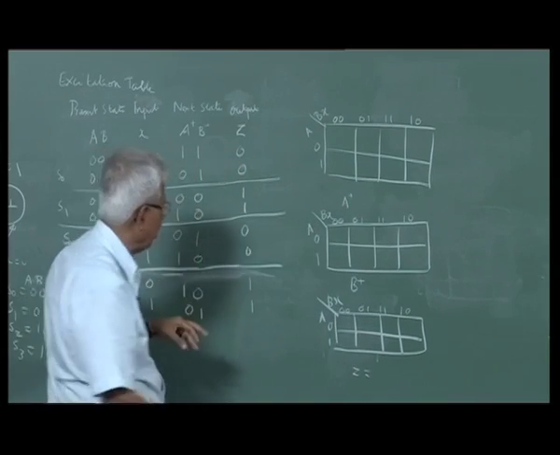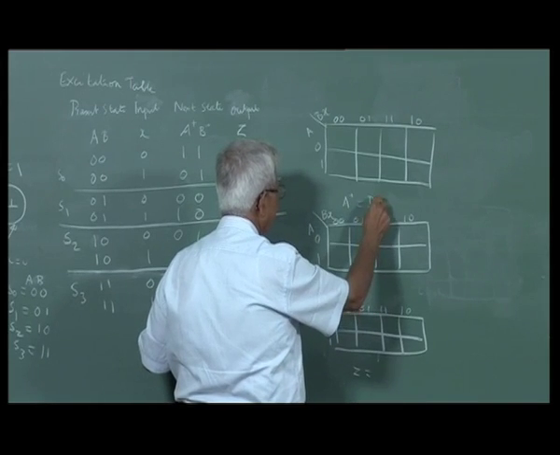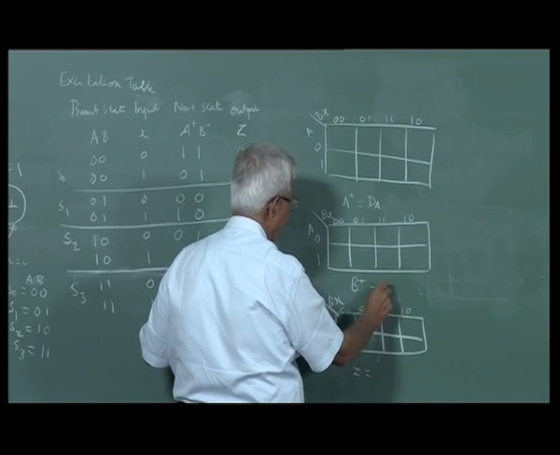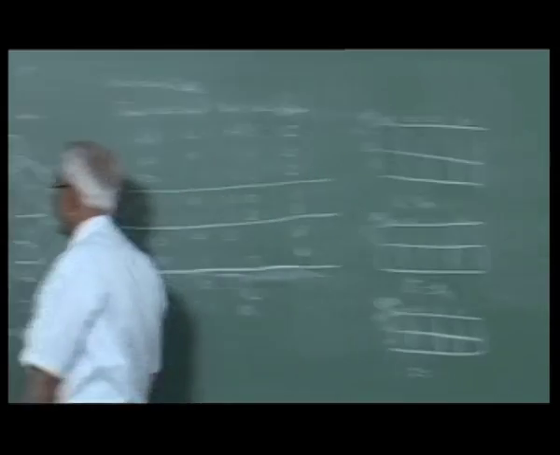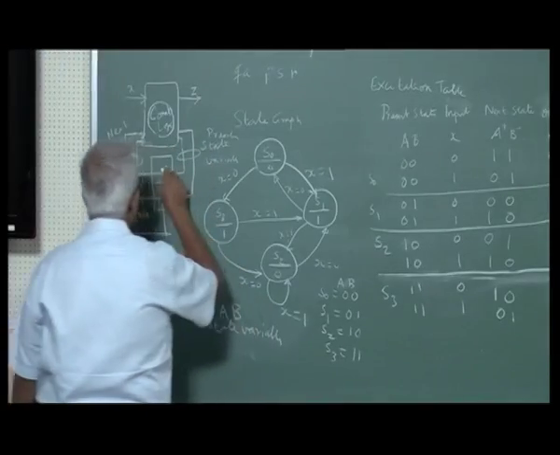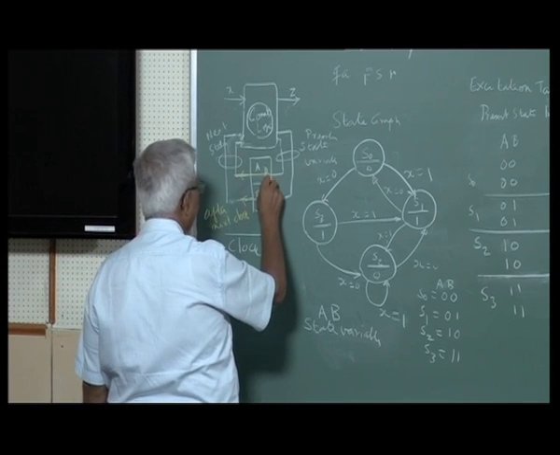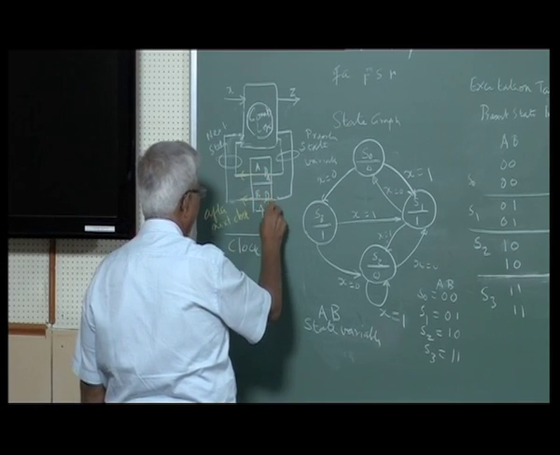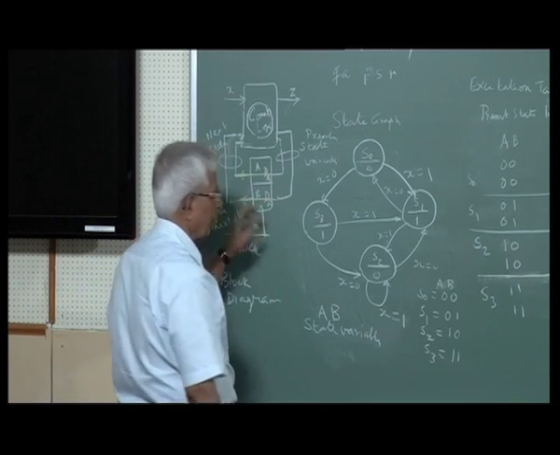Because we know that A plus is the same as dA and B plus is the same as dB, this is the A flip-flop and this is the B flip-flop, so this should be called dA and this dB. So I need the dA value and dB value so that the flip-flops will be properly connected.